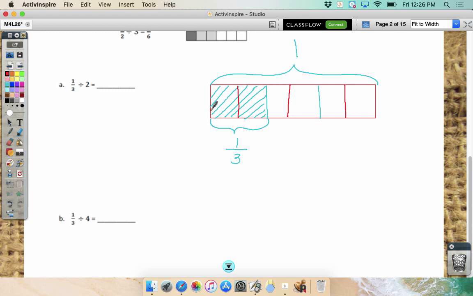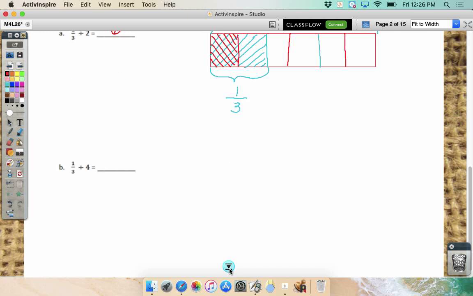And I'm going to double shade only the first box. And that should match with what I know my answer is. What is the answer here? 1/6. So is that what I have on my tape diagram? Yes, it is. Okay? All right, let's go to the next one.